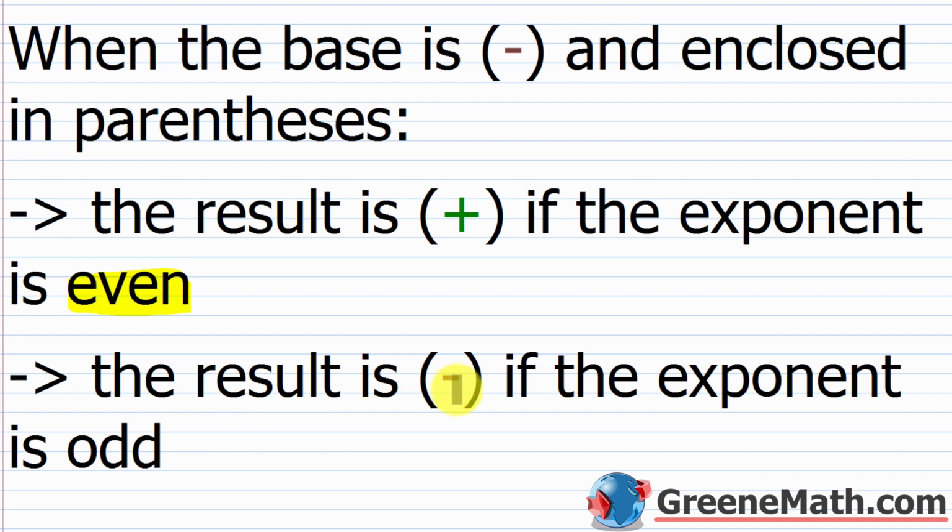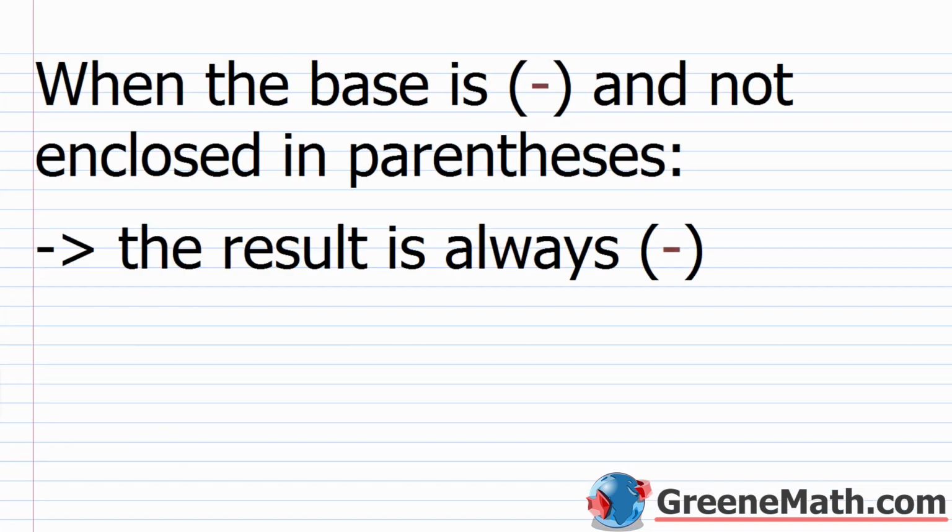The result is going to be negative if the exponent is odd, because I would have an odd number of negative factors. That's going to give me a negative result. And then the other scenario you need to be aware of is that when the base is negative and not enclosed in parentheses, the result is always negative. Always negative. Doesn't matter what the exponent is, because in that scenario, you're just saying, hey, I want the opposite of what you're doing over there.